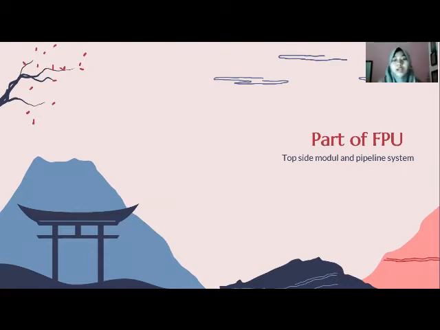So my name is Silvani and I'm going to talk about parts of FPU. But before that, I'm going to explain the floating production unit. The floating production unit, or FPU, has a major advantage by having a more complete set of equipment and facilities that can support the production of gas wells.